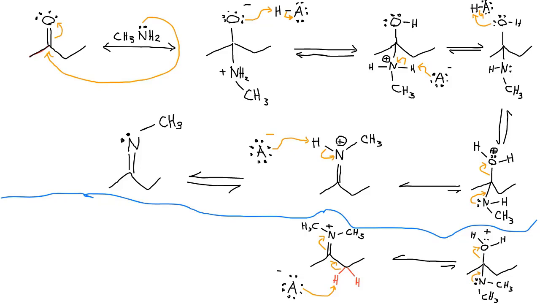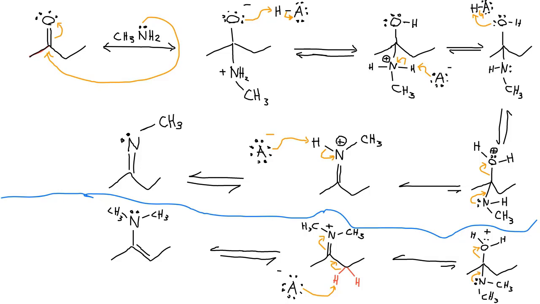Once again, the only reason this happens is because there's no hydrogen on the nitrogen to be protonated, so it has to take the hydrogen from somewhere else. Then you would end up getting a double bond here, a single bond up to the nitrogen, a CH3 here, CH3 here, and then a lone pair here.